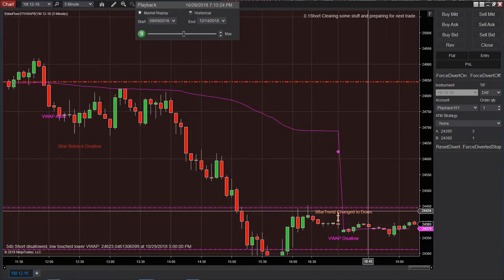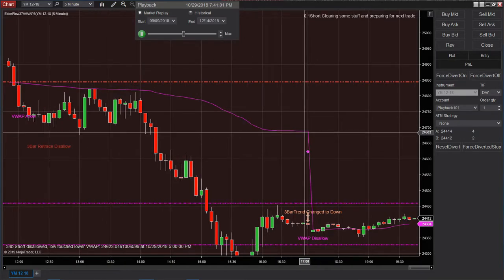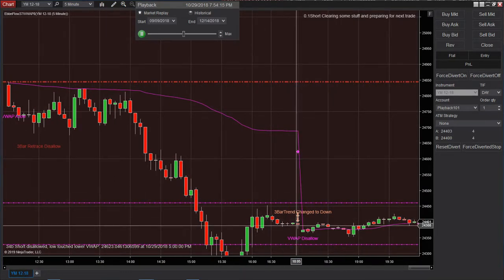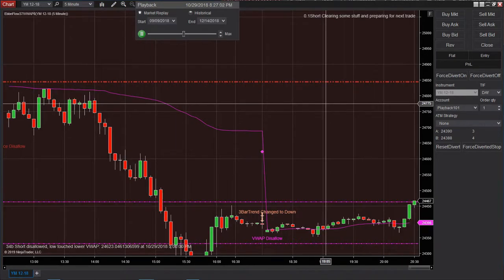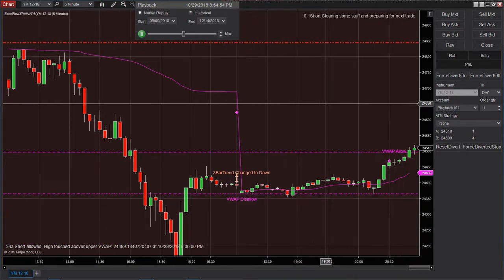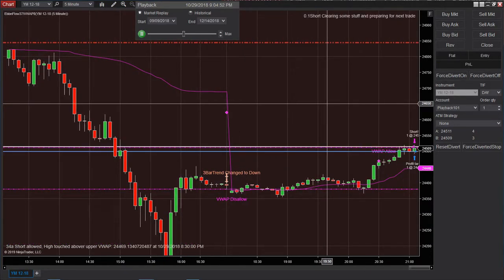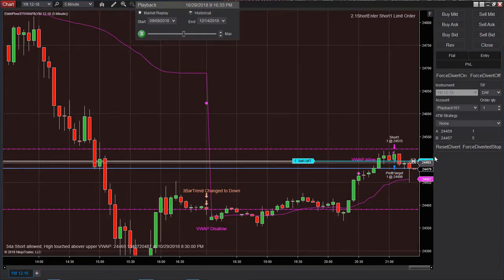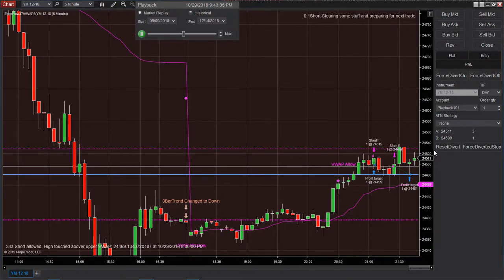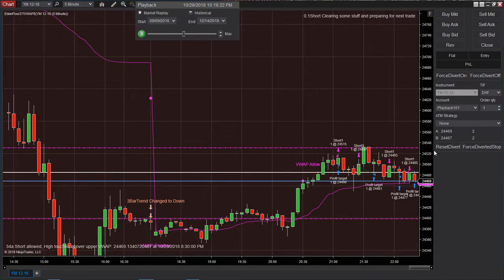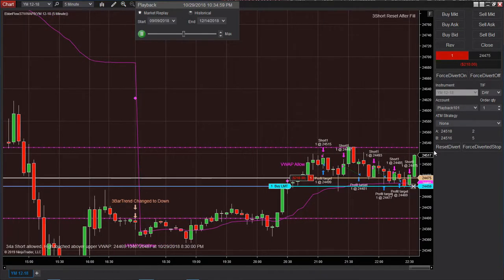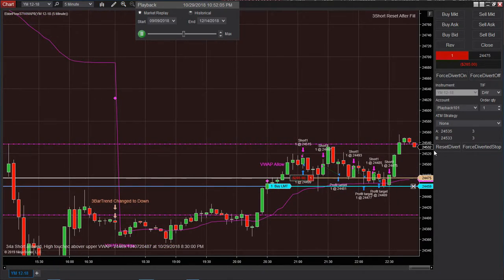At that same time, it was too far. It hit below where the band was at that very time. For the VWAP, so the VWAP disallowed it there. Now we get a VWAP allow, and it's going to give us short trades. This will be a nice burst of successful trades, most likely here.